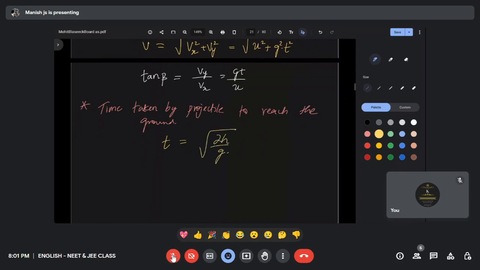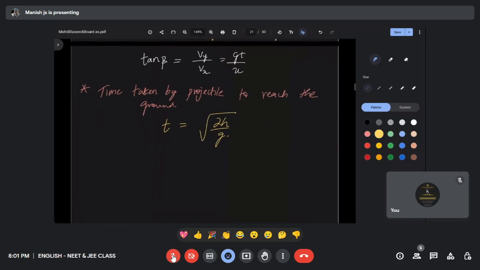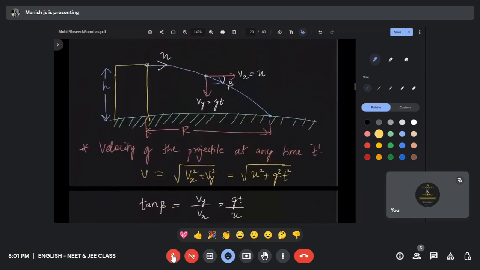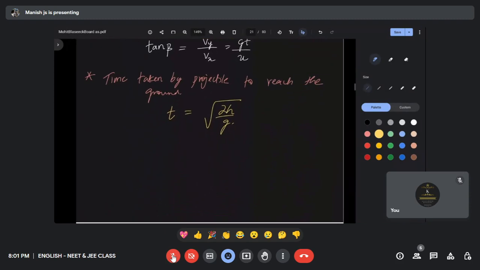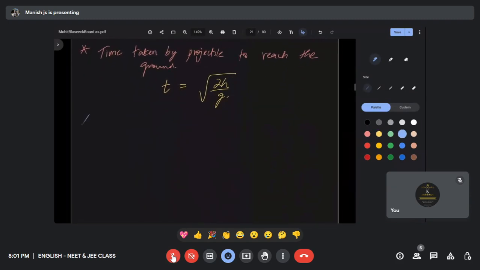So this is the formula which gives the time taken by the projectile to reach the ground, okay, from this height h. Okay, so this is the time. Adhe mari equation of this trajectory, okay, equation of this trajectory abdina, don't get confused. Trajectory is nothing but the path taken by the projectile. Okay, that's called trajectory.